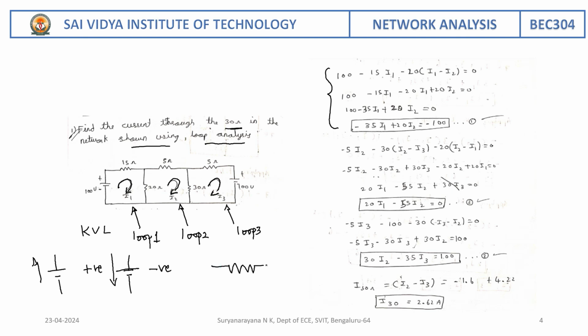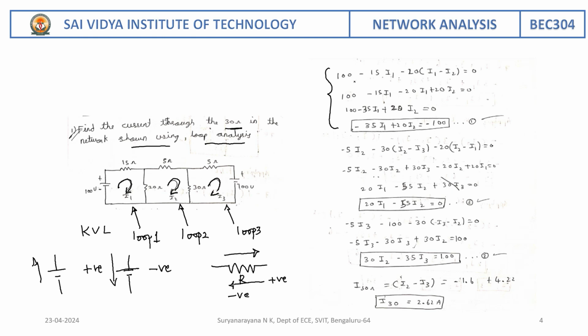If the direction of assumed current is clockwise, if we are moving in direction of the assumed current, we are going to consider negative voltage drop. If we are in the opposite direction of the flow of assumed current, then that will be positive voltage drop. So with this, we are going to write the sign convention equations.